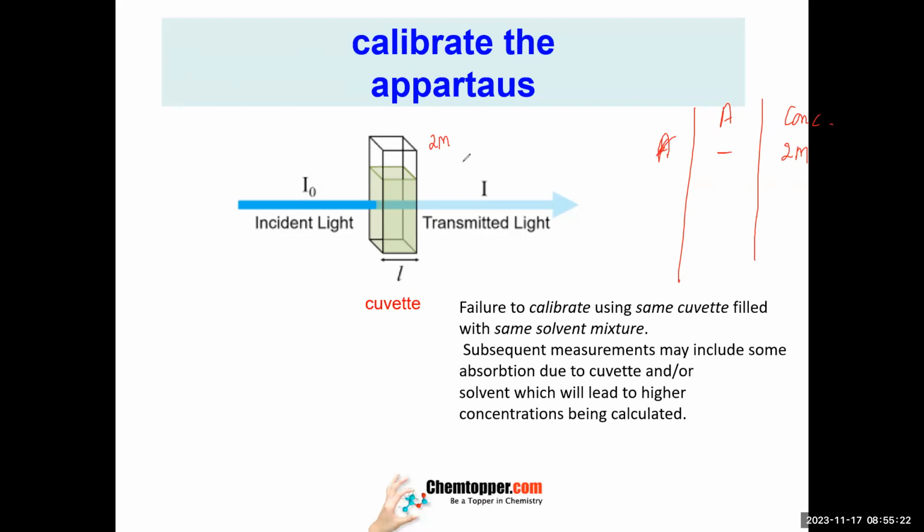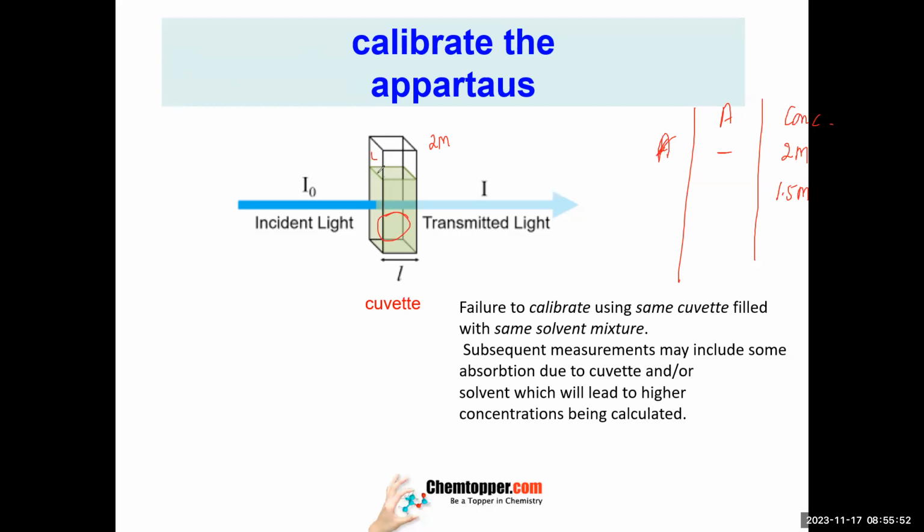Now I'm going to throw this solution. Throw 2 molar. Wash it with water. Please now listen to my words carefully. These are experimental procedures and these are the errors also. So you throw this 2 molar completely, wash it with water at least 2-3 times. Now pick up your other concentration, 1.5 molar. Add this 1.5 molar, only a small amount.